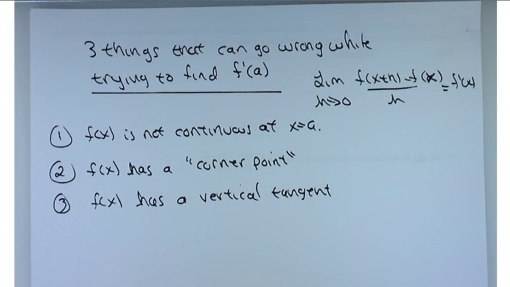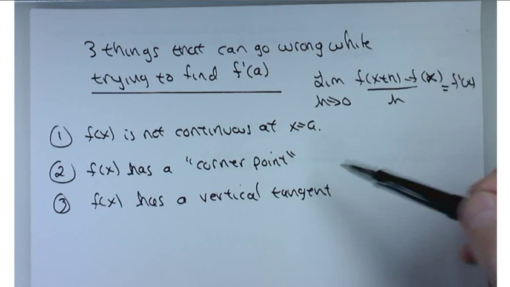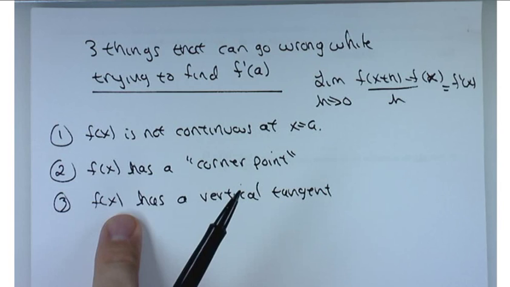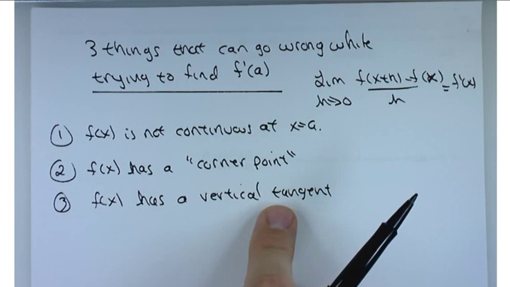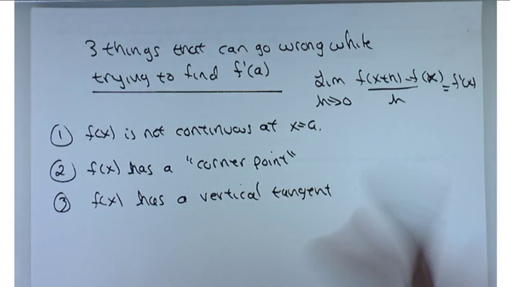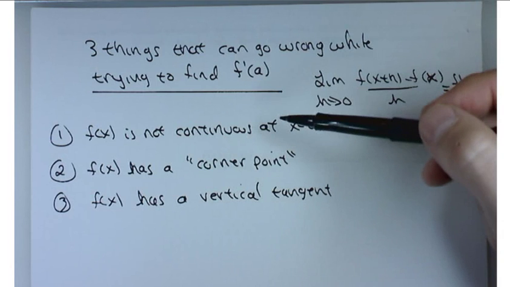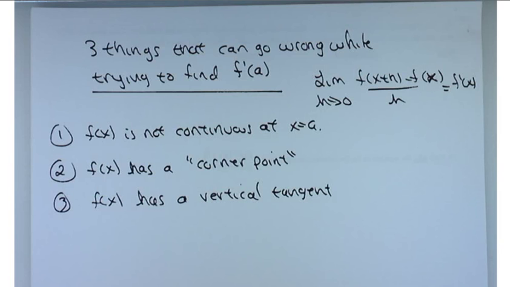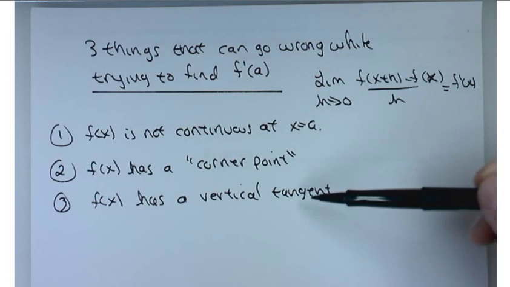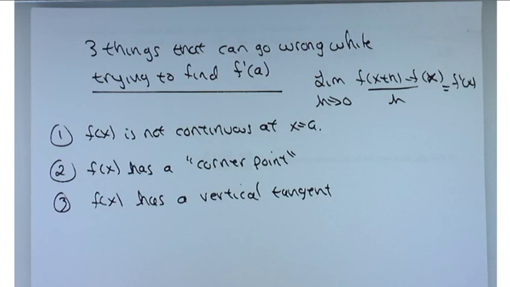A lot of times when I ask this question on an exam, what can go wrong with a function, why it won't have a derivative at some point, people get confused and say f of x has a vertical asymptote. Well, yeah, okay, but that's really part A, or the first one. F of x having a vertical asymptote means that it's not continuous there, and that's fine. But that's different than having a vertical tangent. And we'll take a look at some examples there.